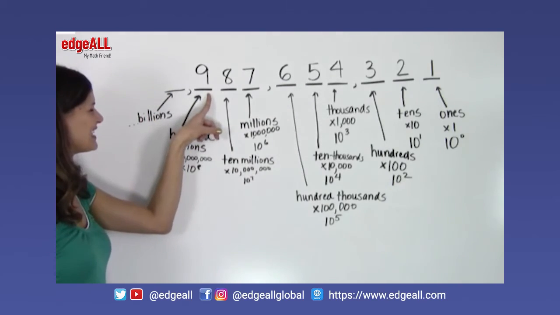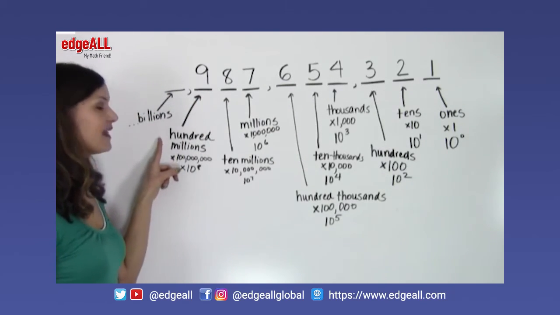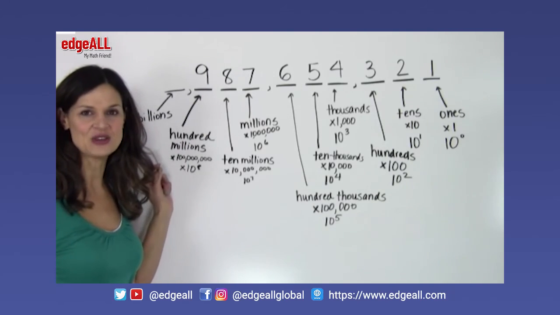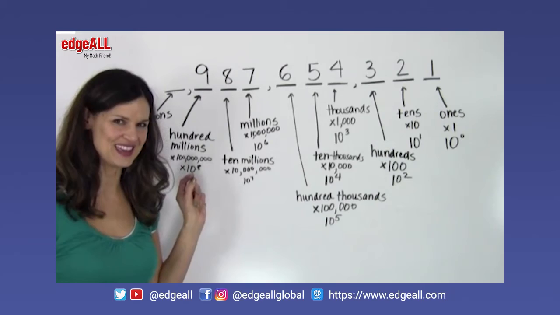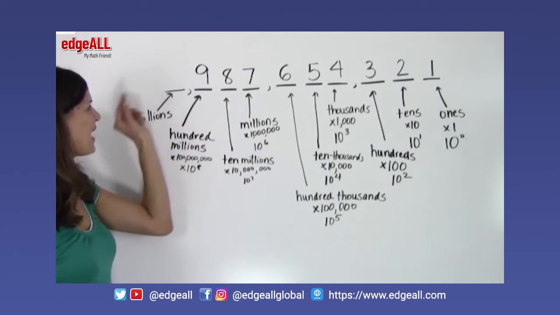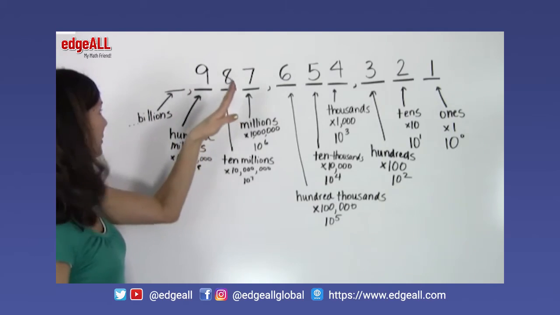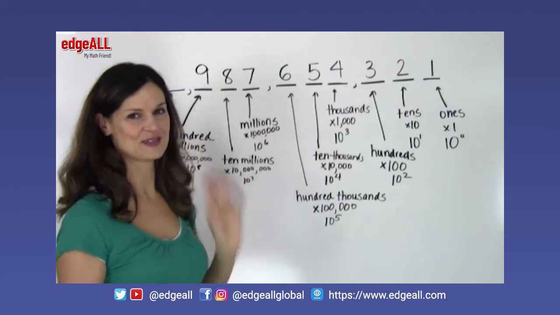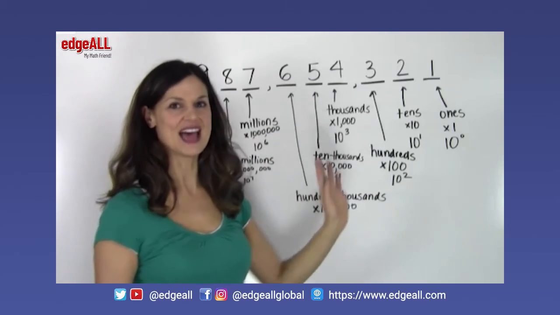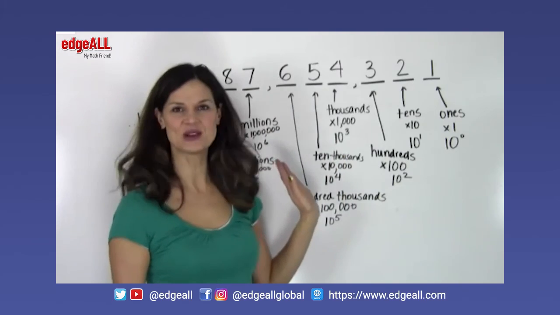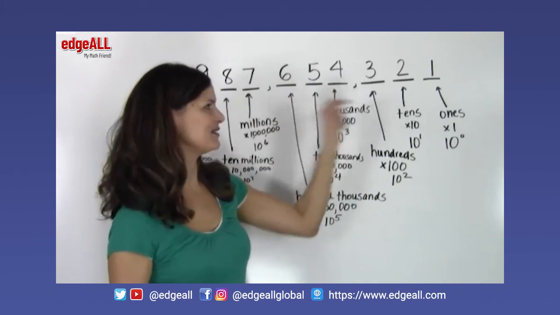Our 9th digit is in the 100 millions place, and it has a value times 100 million, 10 to the power 8. The one past there is going to be in our billions place, and it goes on and on forever from there, always multiples of 10. Every number is 10 times greater than the one to its right.